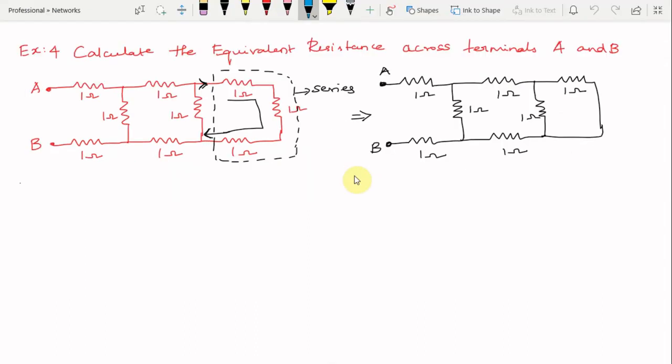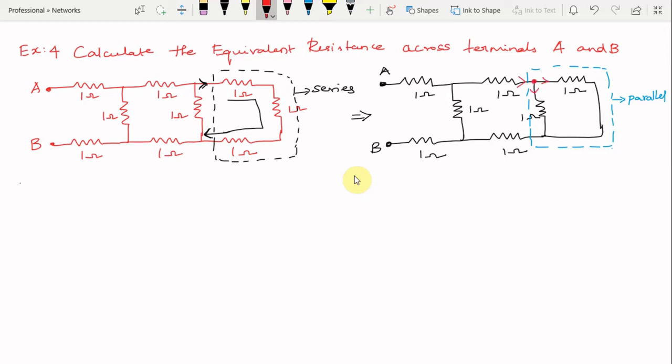So now if you see, these two resistors are connected in parallel. How do we say this is a parallel connection? If current enters this terminal, it is going to divide.